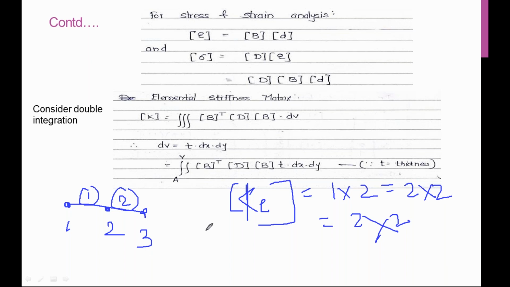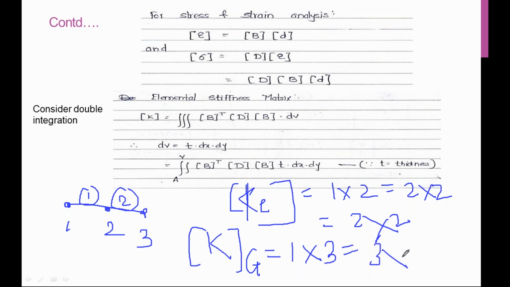But when you are asking the global stiffness matrix size, I am writing here Kg. Degree of freedom per node is 1 and how many total number of nodes? 3. So your global stiffness matrix size is 3 by 3, 3 rows and 3 columns, and you can write that capital K is equal to K1 plus K2.